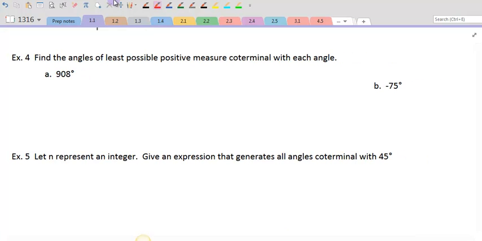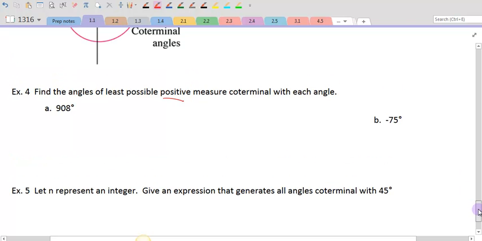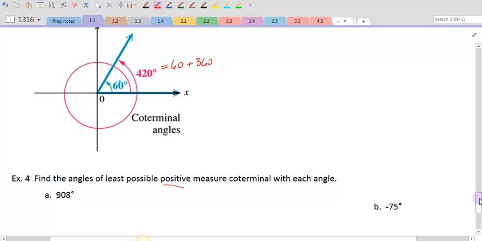Okay, the first example that we're going to work is we're going to find the angle of least possible positive measure coterminal with each angle. Let me back up for just one second and state that when I rotate in a counterclockwise measure, going in this direction right here, I have positive measurements. I have positive angles.